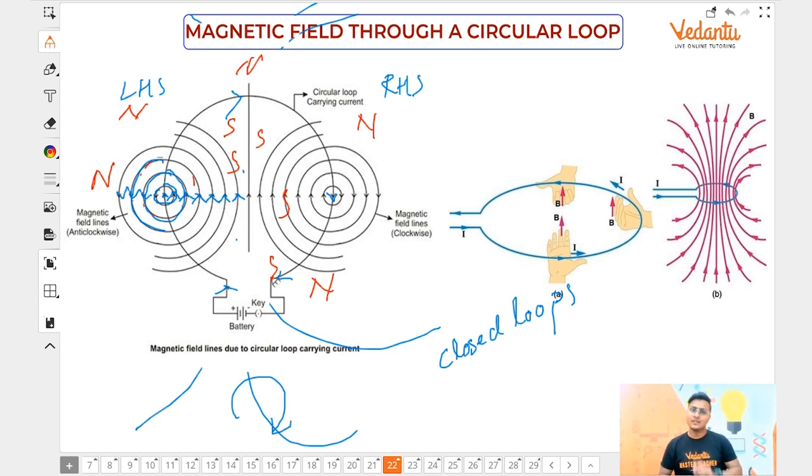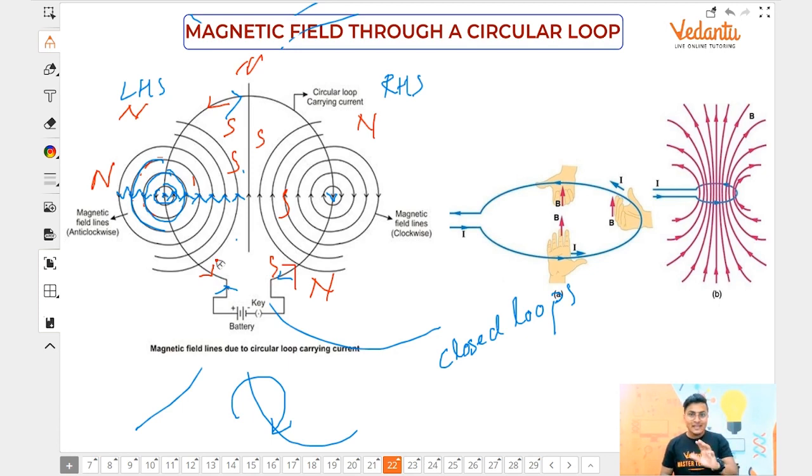Give it a shot. Now, my brilliant students, just guess what will happen if I make this current anti-clockwise. If I make the current's direction anti-clockwise, just think and tell me what is going to happen. Exactly correct.